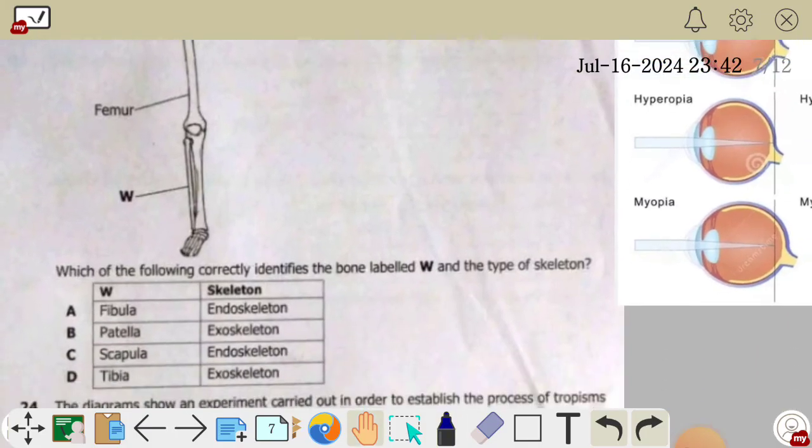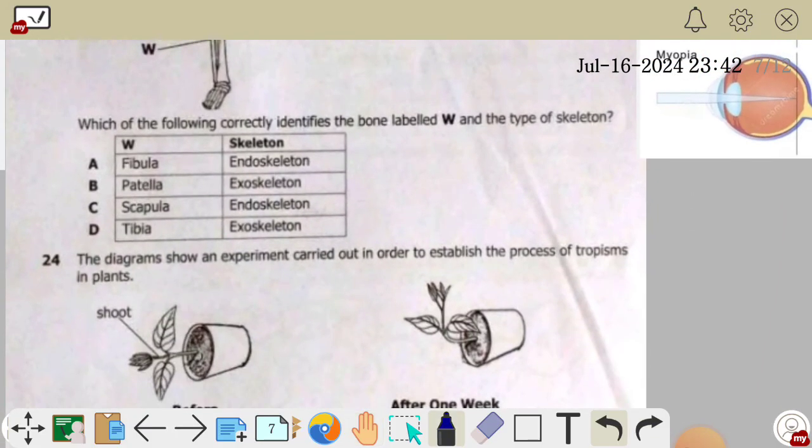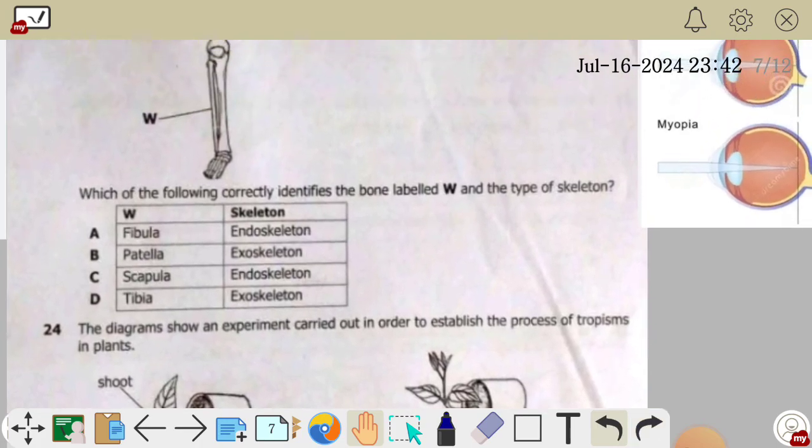So now the question is asking us to say, which of the following correctly identifies the bone labeled W and the type of skeleton? So A, fibula and endoskeleton, B, patella, C, scapula, D, tibia. Okay, so the part which is labeled W, the smaller bone in the lower limb, this one here is the fibula, and it is in the endoskeleton.